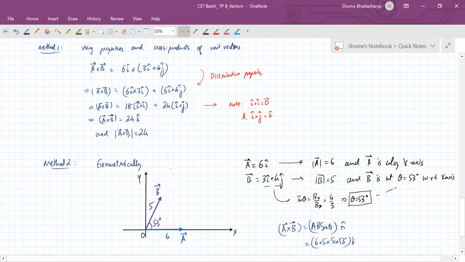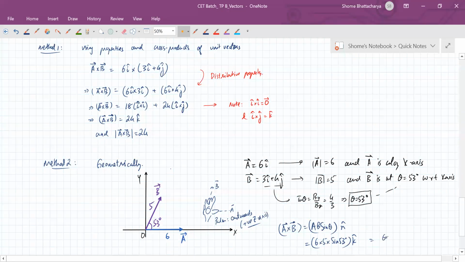Okay, and n cap will be k cap, because if you use the cross product thing here, you have to place your thumb along A and your fingers along B. So your palm will be pointing out. Okay, so palm faces outwards. So outwards is nothing but positive z axis. So that's why your n cap is nothing but positive k cap.